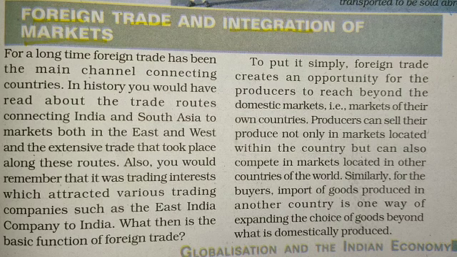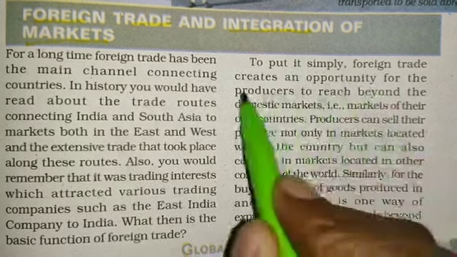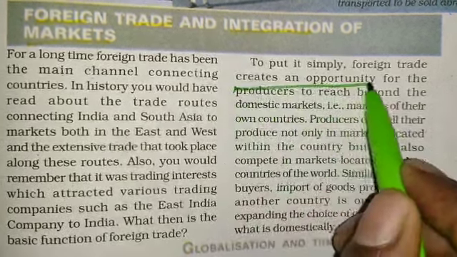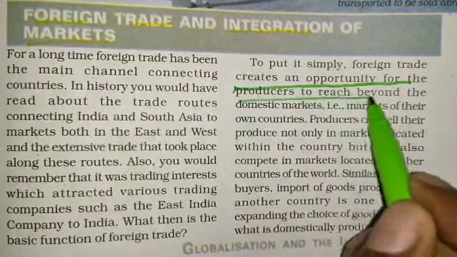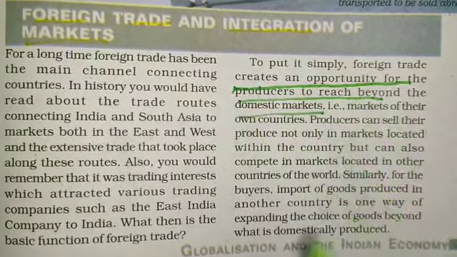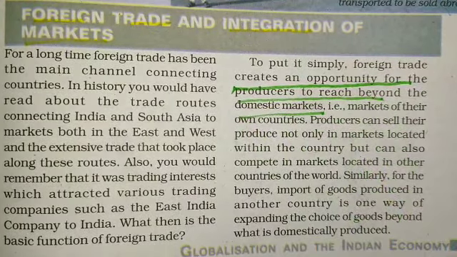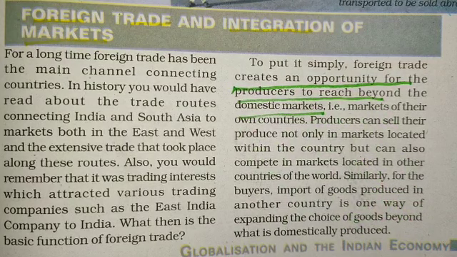What then is the basic function of foreign trade? It's very simple: it creates opportunity for producers. Foreign trade creates an opportunity for producers to reach beyond domestic markets. What is the domestic market? For India, if I am growing ragi in my native place, that is the domestic product.